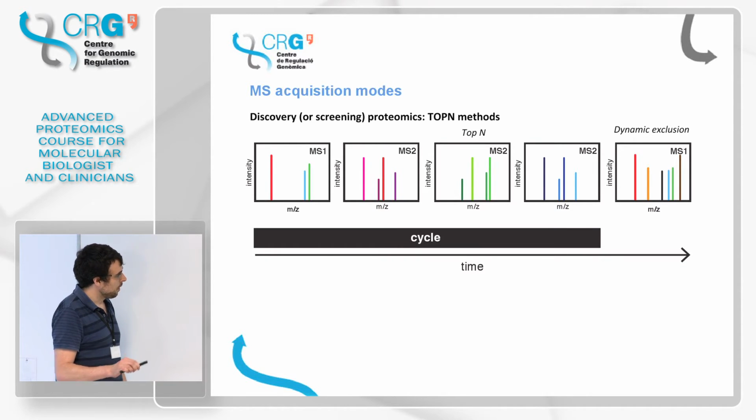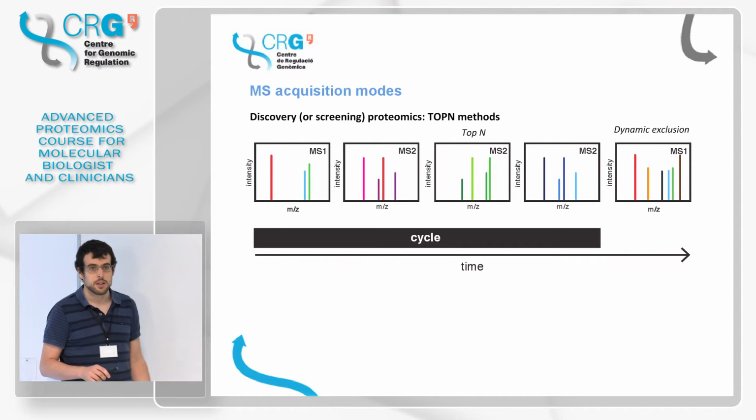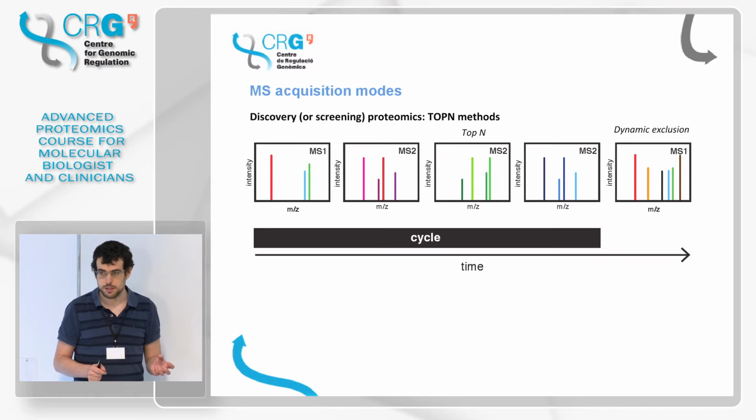So I get a picture of what is eluting from the column, and then I select the first, second, and third most intense to get sequence information. And then I repeat the cycle. I start with another MS1, and now instead of these 3 things, other things start eluting. Then I pick other ones to do the following MS2 to get the sequence of these peptides.